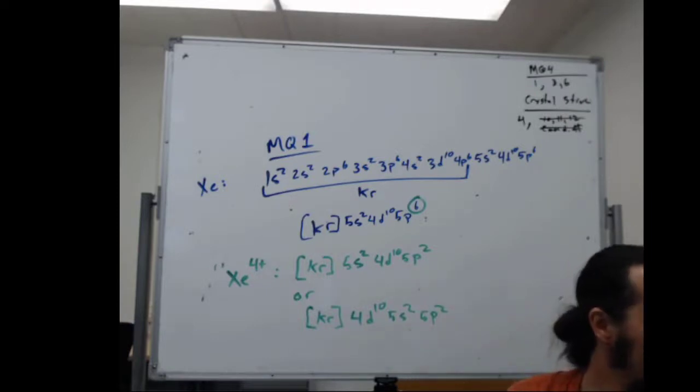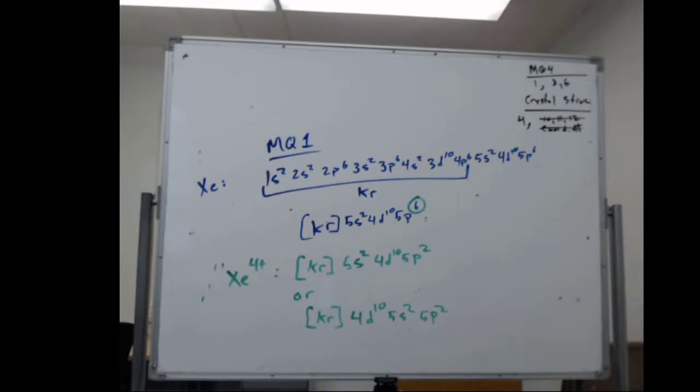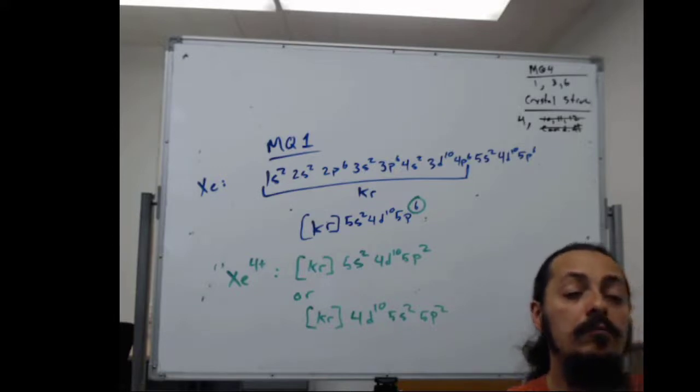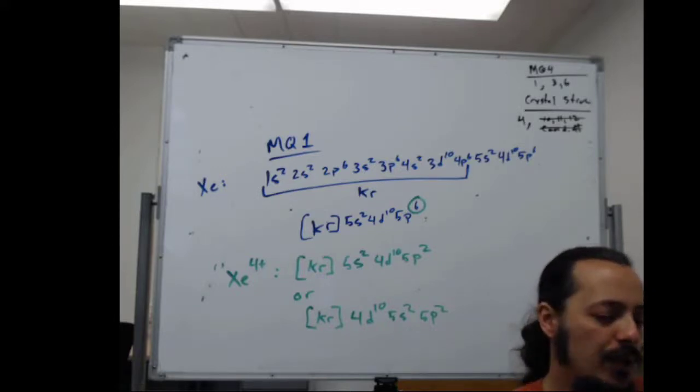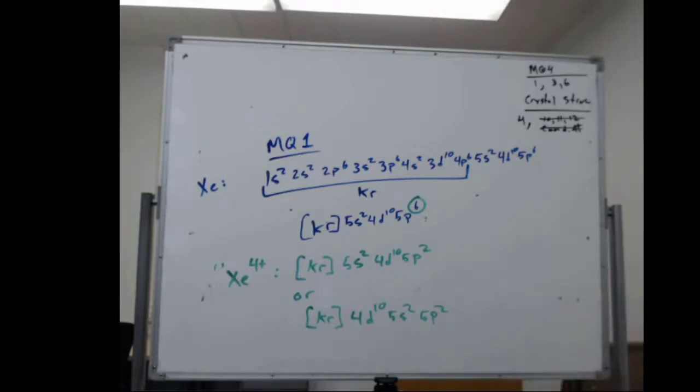Real quick on that problem, will the idea of what loses electrons first, what section or orbital, will we have to know that type of stuff for the test? For most of them, yes. I don't think we're going to do anything with losing d electrons, and I'll double check with the other instructors and make sure we don't include that on the quiz.